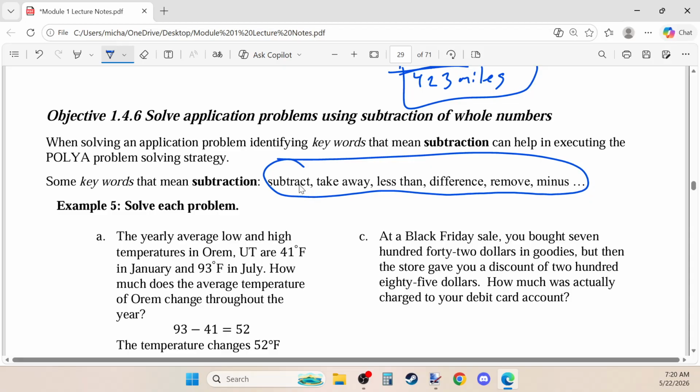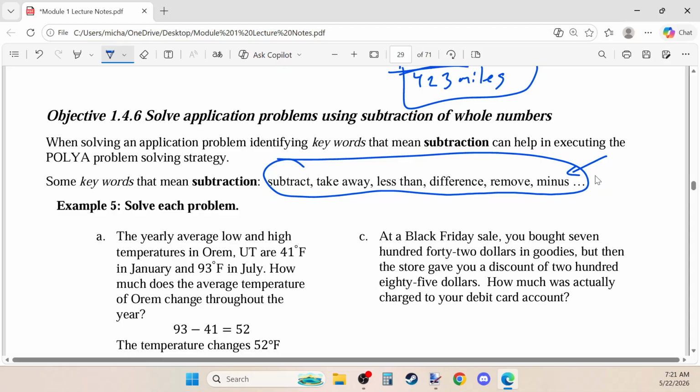Last semester, I saw more mistakes of misidentifying what operation to do than I'd seen in any other previous semester of teaching this class. I don't know if I didn't stress studying those words enough, or why the students had more problems with that than other classes had, but there were lots of times where students were doing problems, and instead of adding, they subtracted, or instead of multiplying, they added.